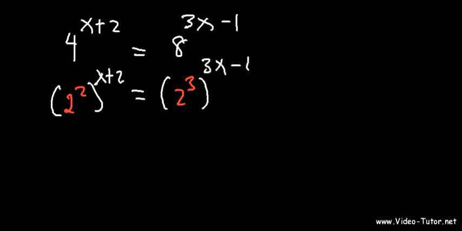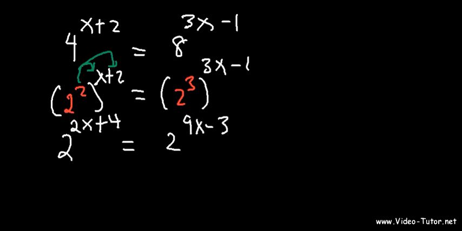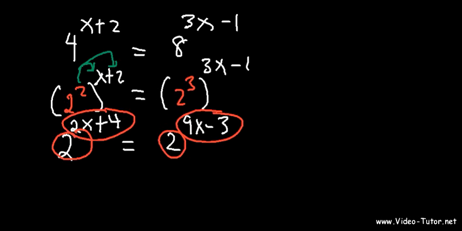So that's the first step. You want to convert it into a common base. And now we need to multiply or distribute the 2 into x and 2. So 2 times x plus 2 is 2x plus 4. And 3 times 3x minus 1 is 9x minus 3. Now that the bases are identical, the exponents therefore are equal to each other.